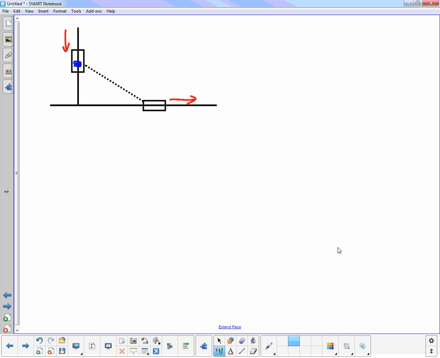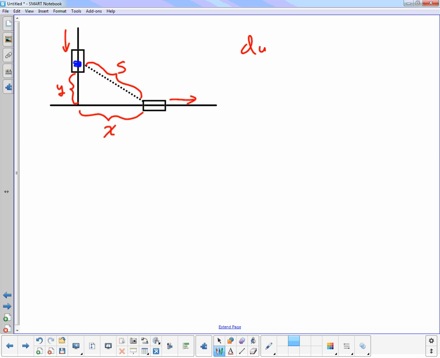Now we're going to call this X. Let's call this Y. This we'll call S. That's an S, not a 5. Now, since he's moving, relatively speaking, he's moving down, right?